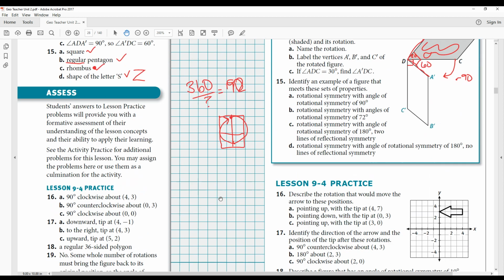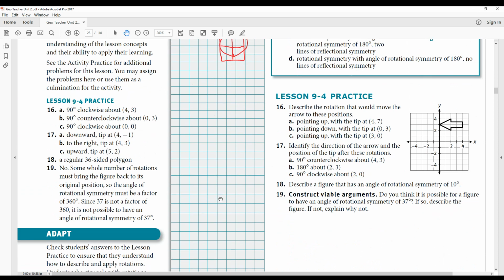Down here, they want you to describe the rotation that would move the arrow pointing up with the tip at 4, 7. So over 4, up 7, and they want us to rotate it. I believe that we'd want it to go up like this.